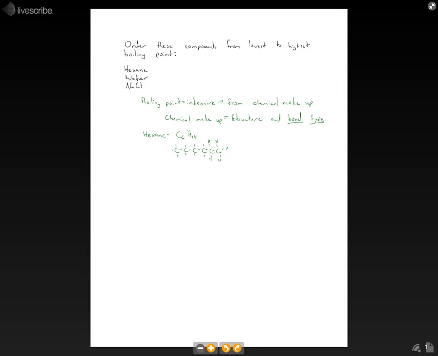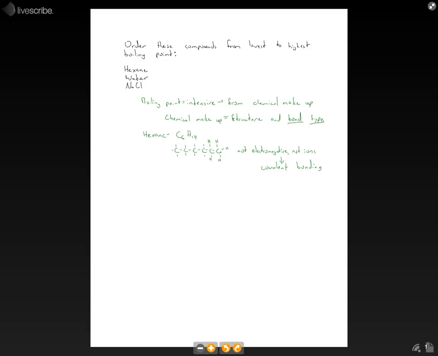Okay. And carbon and hydrogen are not electronegative. And they're not ions. So they must have covalent bonding.